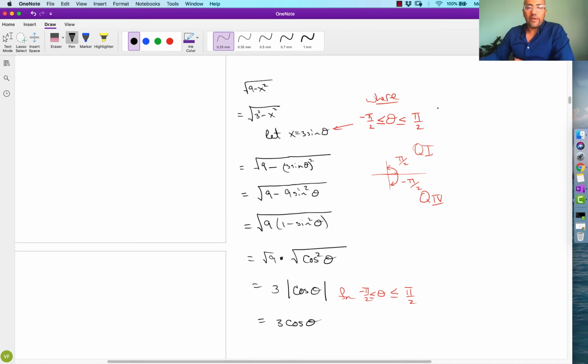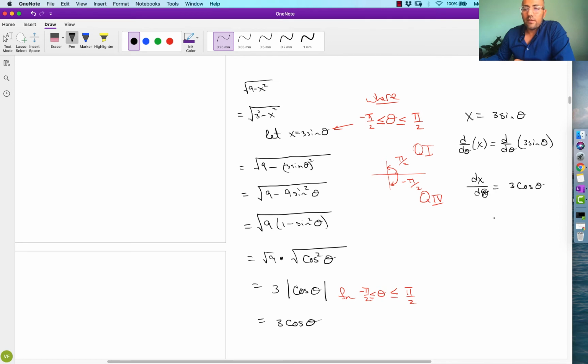So we have that x is equal to 3 sine of theta. So taking the derivative, dx is equal to 3 cosine of theta, since the derivative of sine is cosine.